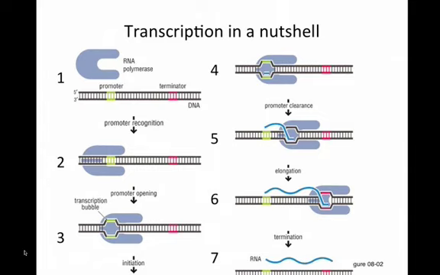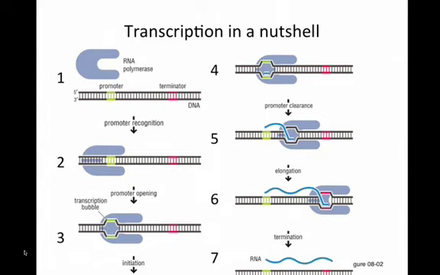Once RNA polymerase binds the promoter, it opens it up, and then you have a transcription bubble, which is similar to the replication bubble, except you're not doing bidirectional replication forks, you're just making one copy. You have a template strand, and you make one copy of the whole thing.